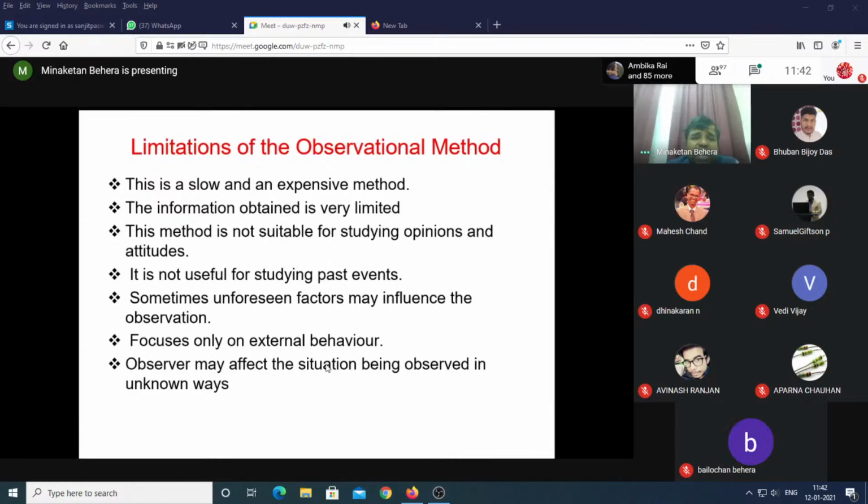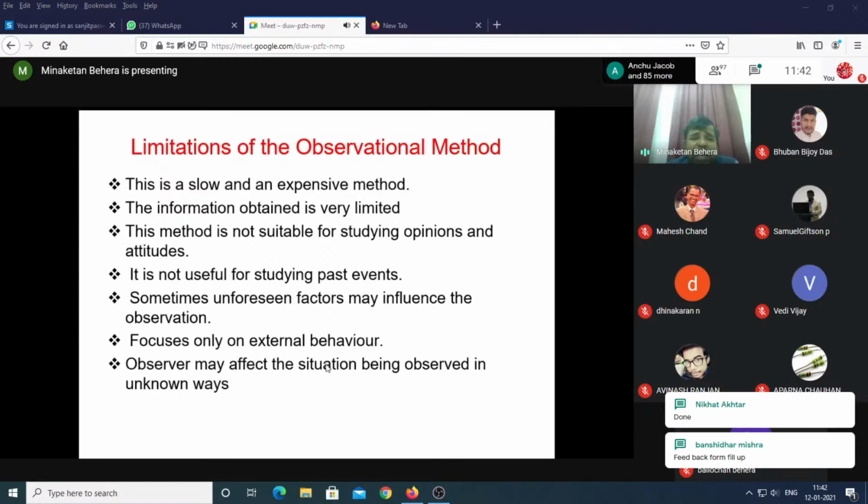Many limitations are there, so you will not be able to understand everything within this observation method. Broadly, it is your duty as a researcher; this is one method through which you can collect primary data for your research work.